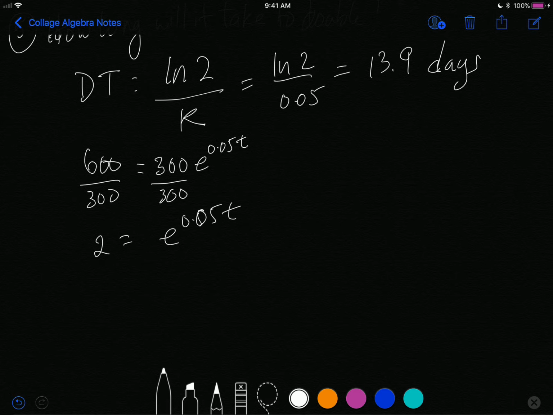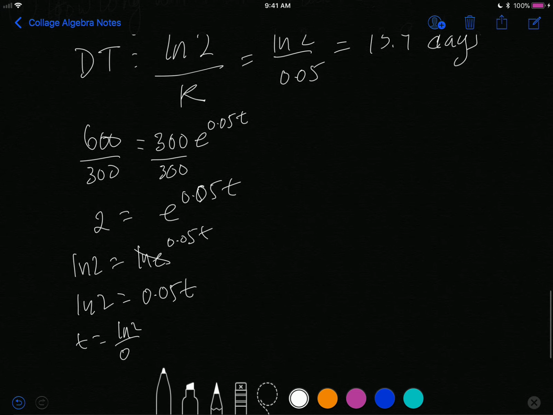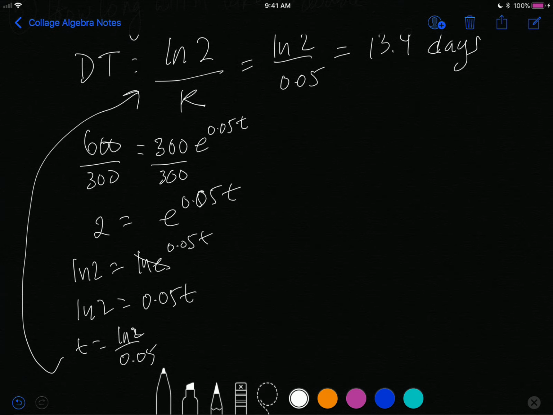And then I take ln of both sides. Ln of 2 equals ln of e to 0.05t. So ln of 2 equals 0.05t. So t is equal to ln of 2 divided by 0.05, which is exactly what we did by using the double timing formula.